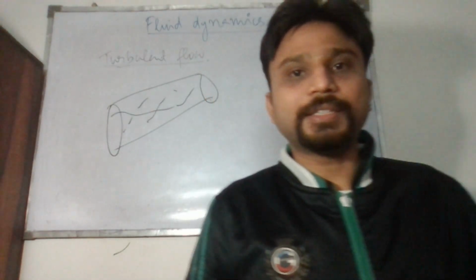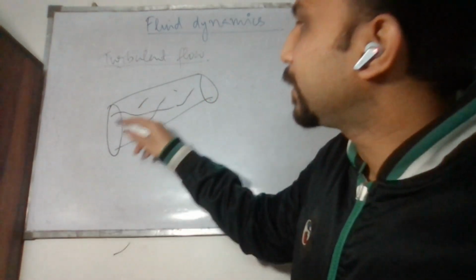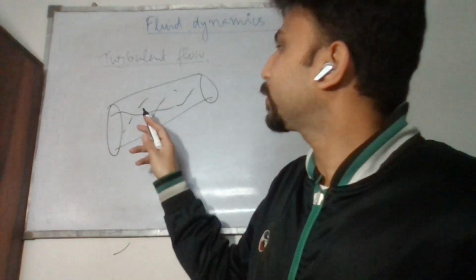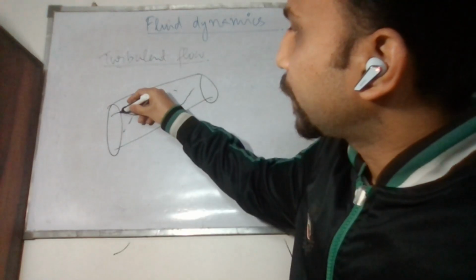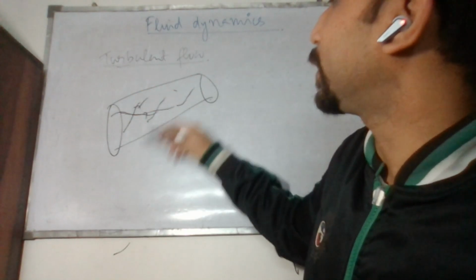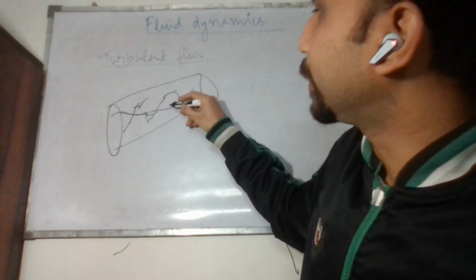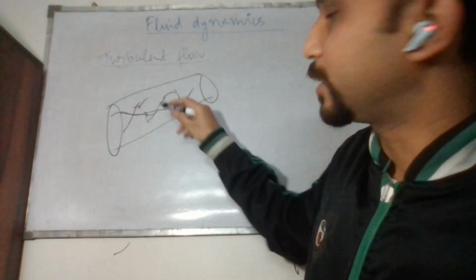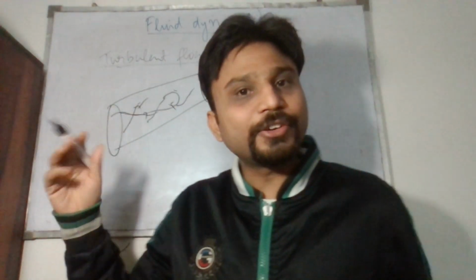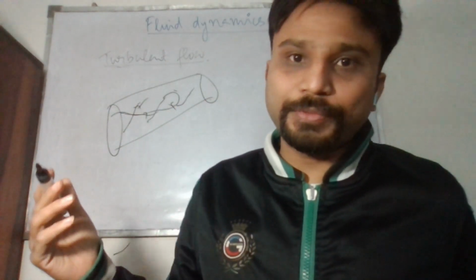That is, the particles are basically traveling in random directions at different points of space. That is, this particle is traveling in this path, that particle is traveling in that path, some particles are traveling in a circular path. So there is no regularity of paths through which they are traveling.